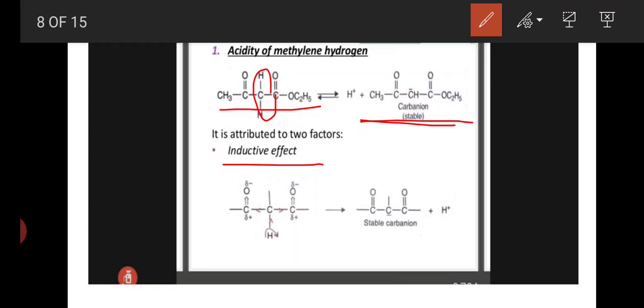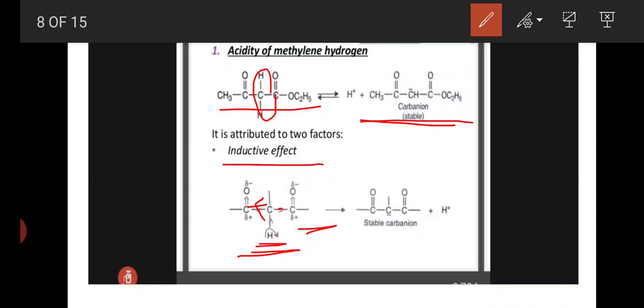Based on the inductive effect, this methylene group is present between two electron withdrawing groups. This side the carbonyl group attracts the electron, and this side also the carbonyl group attracts the electron. So this methylene group has less electron density.